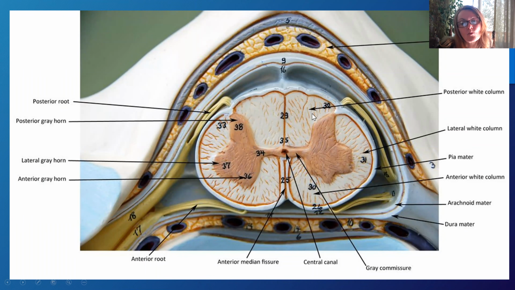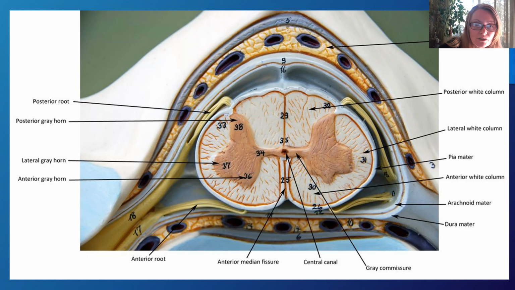Okay. So this is my model of the spinal cord, which is pretty nice. You can see in the middle the spinal cord, located inside the vertebral cavity. And you can see white matter and gray matter that looks like a butterfly.